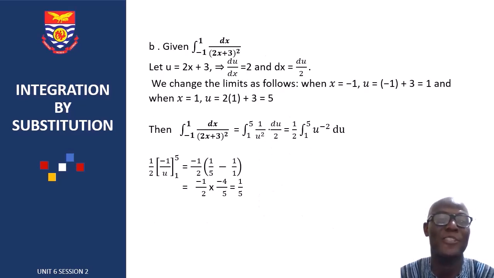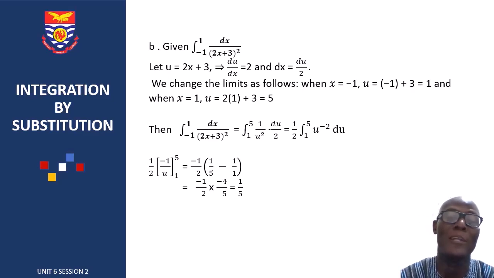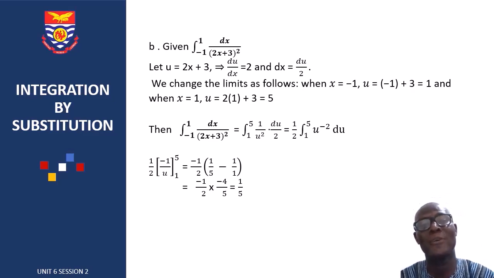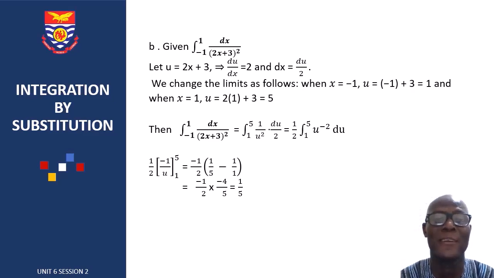Integration by substitution. B. The integral, the lower limit -1, upper limit 1, dx over (2x + 3)^2. Using integration by substitution, we substitute u for 2x + 3.